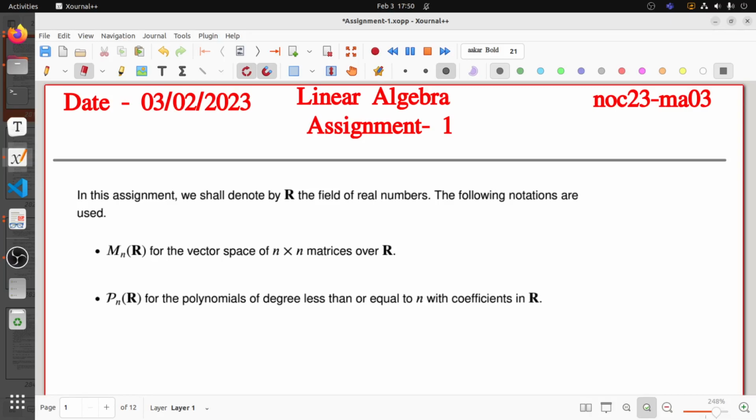So addition is closed. Now you have to check the scalar multiplication. So what you have to check? C dot P1 star is 0 or not. So what is C of P1 star? We know P1 star is 0.